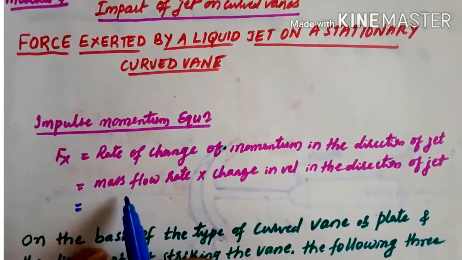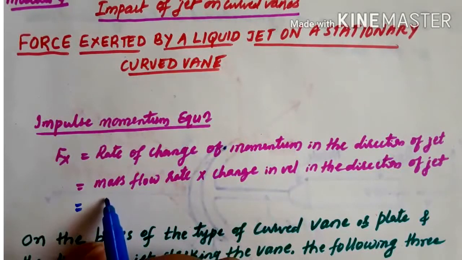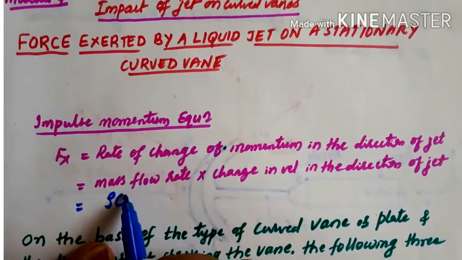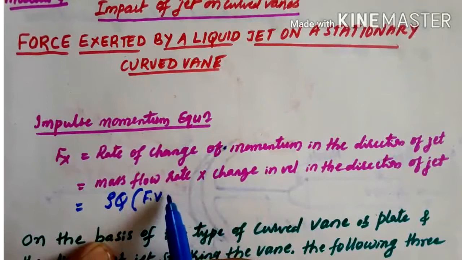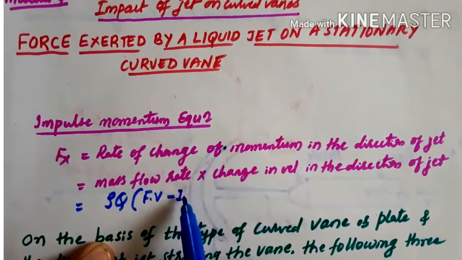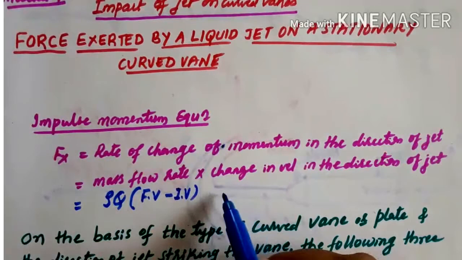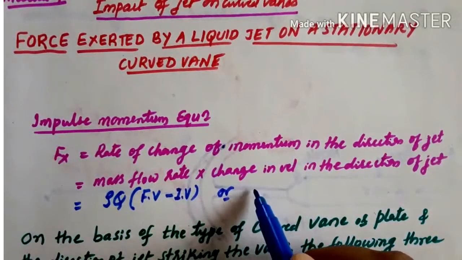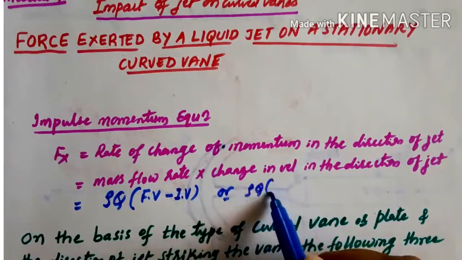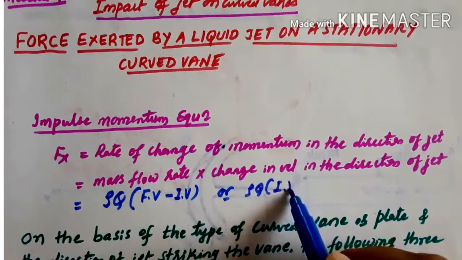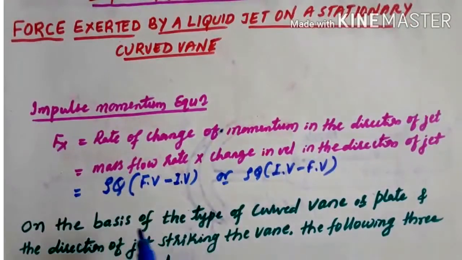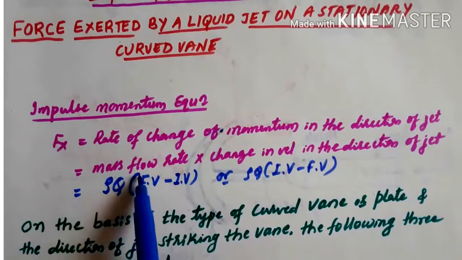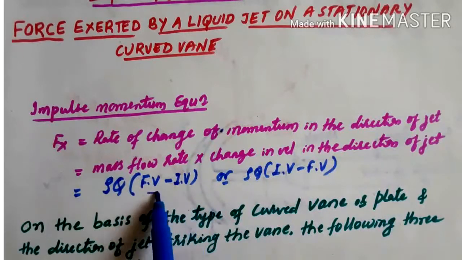As we already know, the mass flow rate can be written as rho Q into (final velocity minus initial velocity), or else you can write rho Q into (initial velocity minus final velocity). That is mass flow rate into change in velocity.